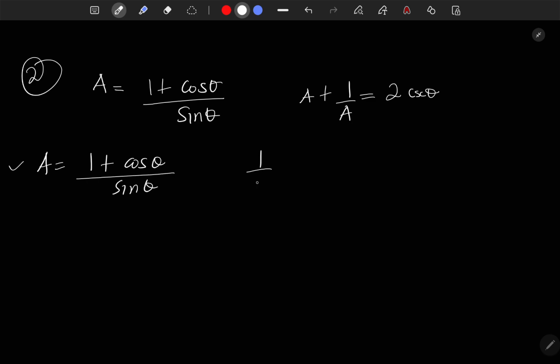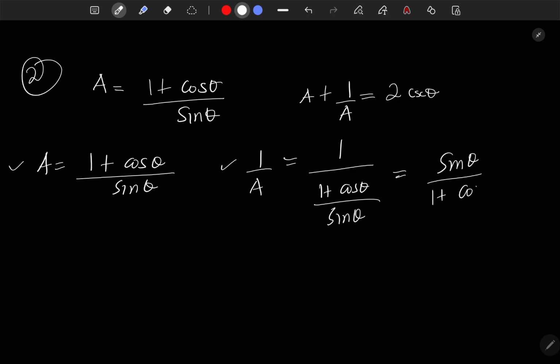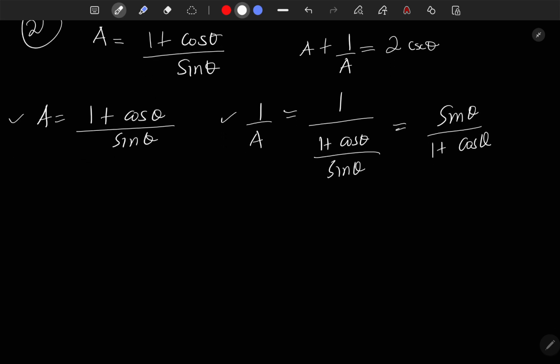So how do we find 1 over a? 1 over a is 1 over everything, right? 1 over 1 plus cos theta over sin theta. By now, you know the rule of reciprocating, which just gives you sin theta over 1 plus cos theta. Then we just plug in there. That's all.